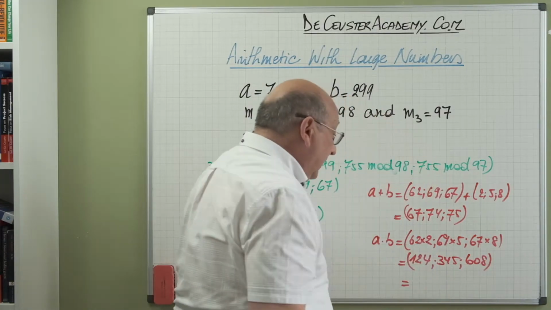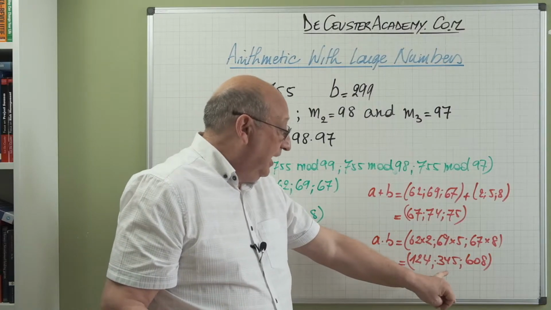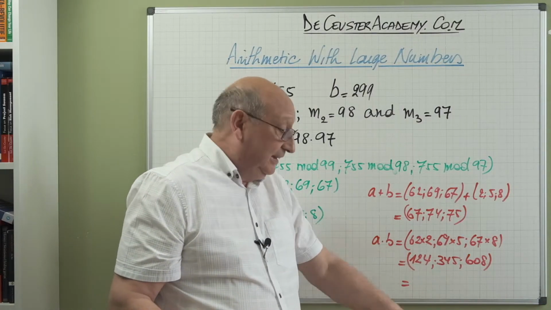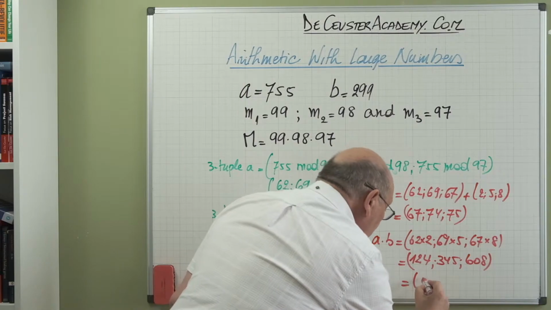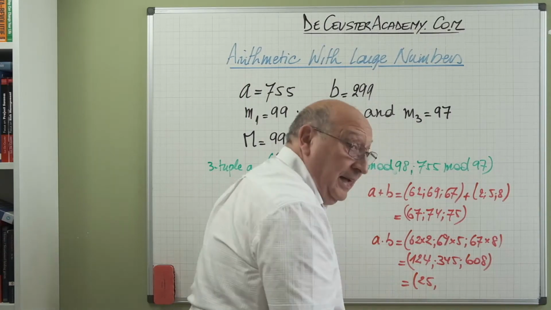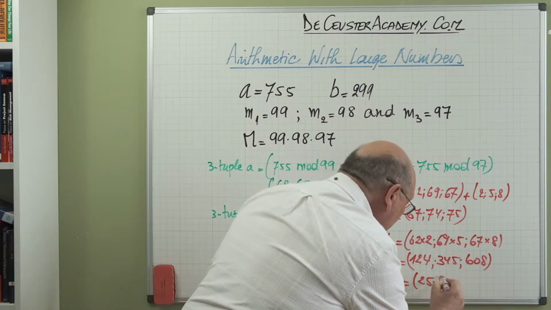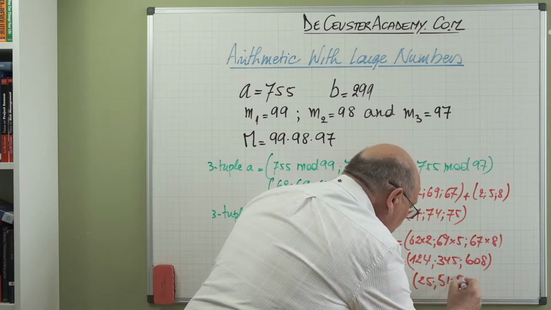Now we have to bring them back to modulus 99, 98 and 97, which gives us 25, then 51 and 26.